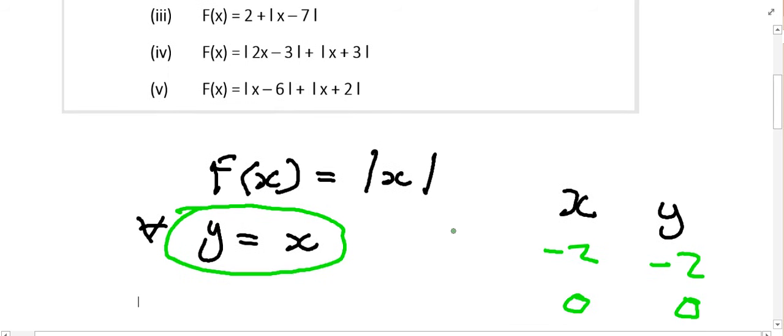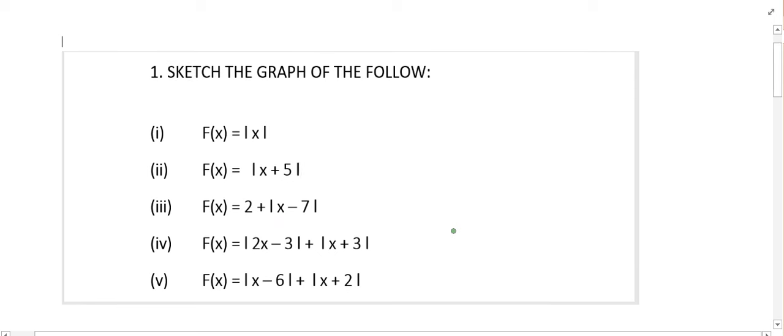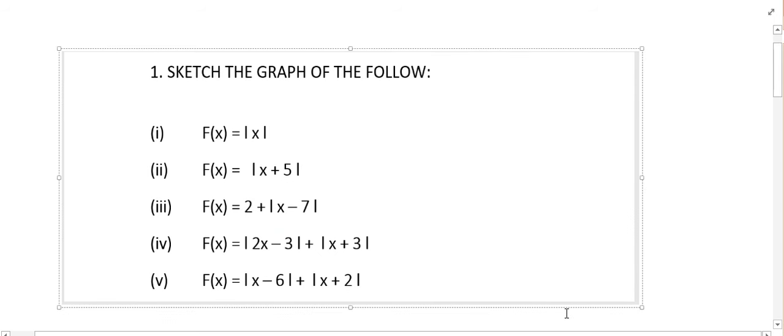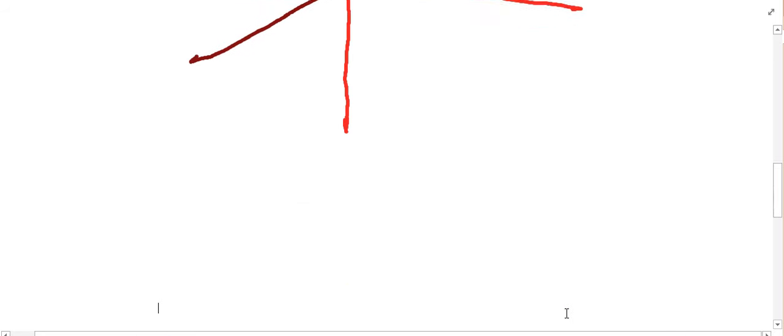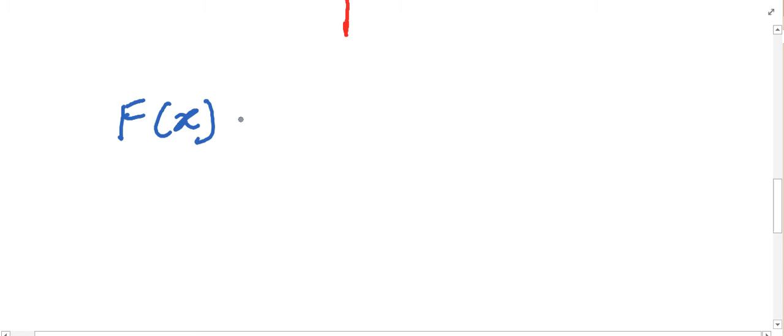Okay, so let me quickly go up and check my next question, which is f of x is equal to the absolute value of x plus 5. Okay, so this is also easy, guys. So how can you write it? You have f of x is equal to the absolute value of x plus 5.